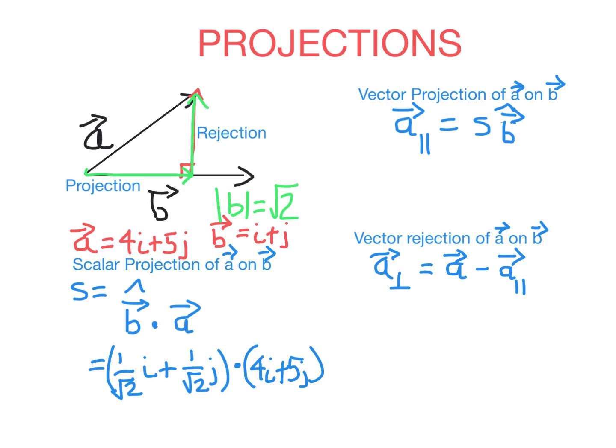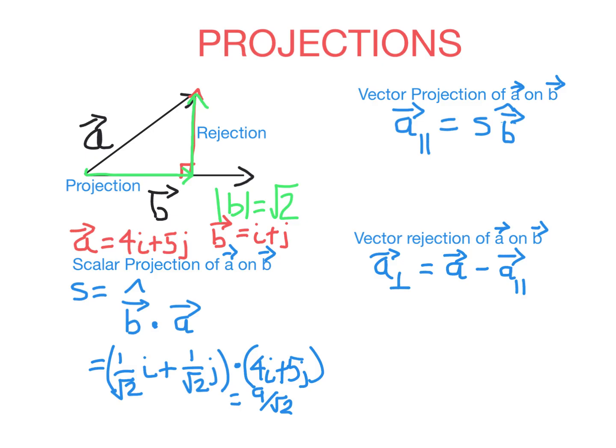So we get 4 over root 2 plus 5 over root 2, which is 9 over root 2. It's called the scalar resolute or scalar projection because your answer is a scalar. This number just indicates how much of A is in the direction of B.